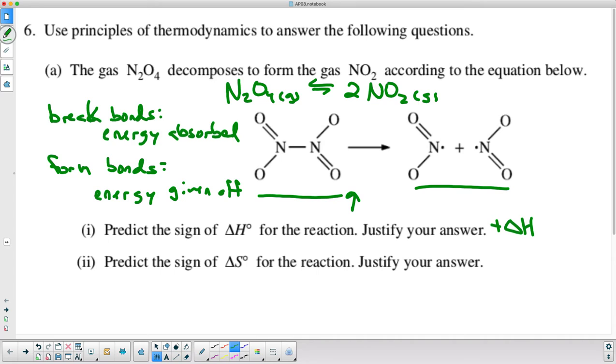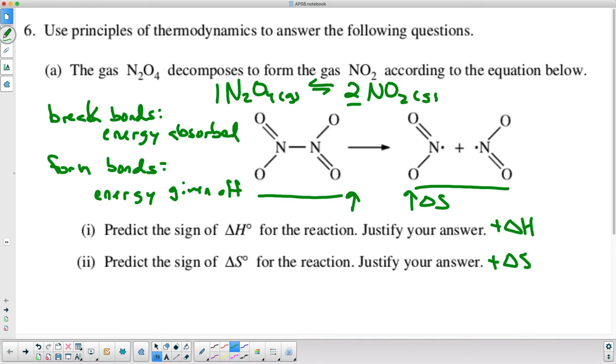Here I have one particle on the left-hand side, and my product on the right-hand side is two particles. When I increase the number of particles, I increase the amount of randomness. So over here my delta S increases, which means, of course, I have a plus delta S. Okay, so let's move on knowing that much information.